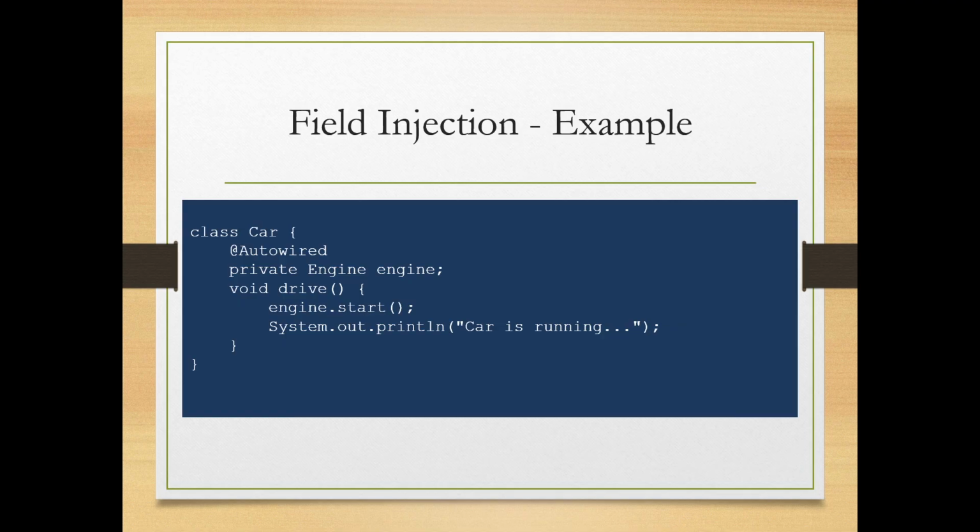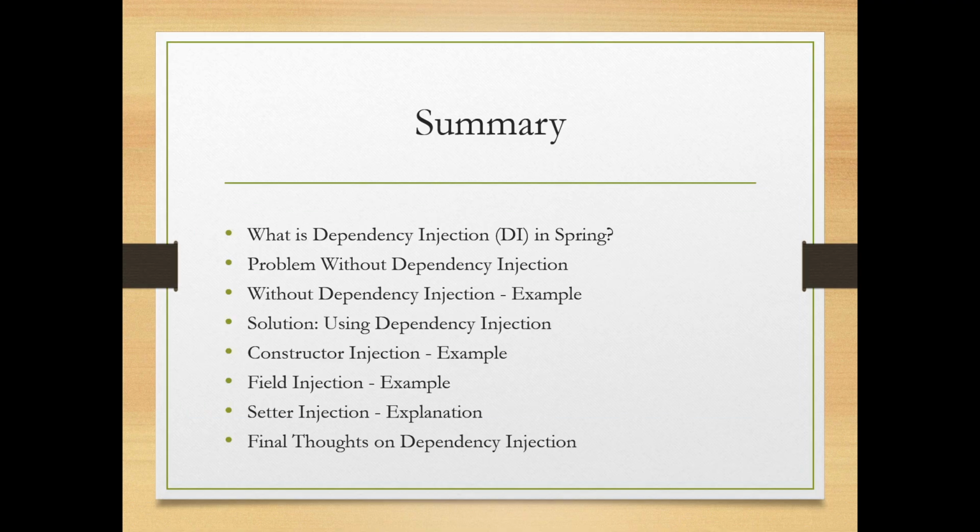Since the dependencies are injected after the object creation, we can't make them final, leading to potential issues. It makes unit testing harder because the dependencies are not explicitly passed and might need additional setup from the testing framework. Because of this limitation, many developers prefer constructor injection over field injection.